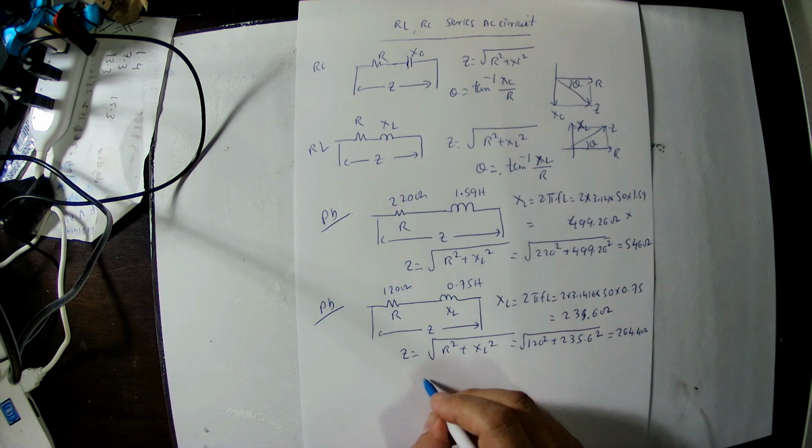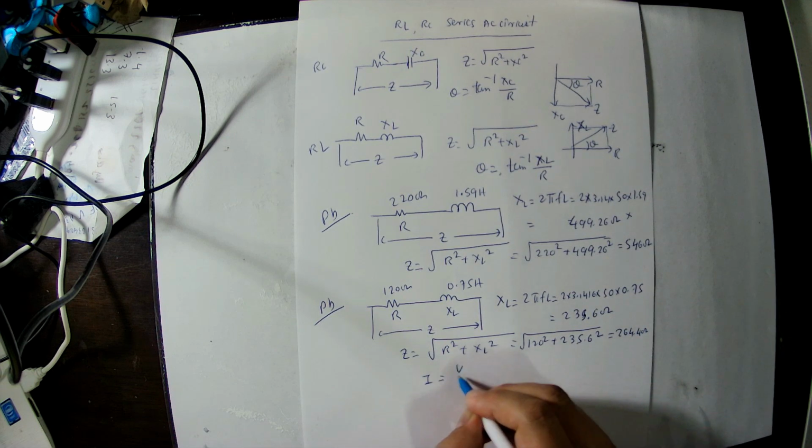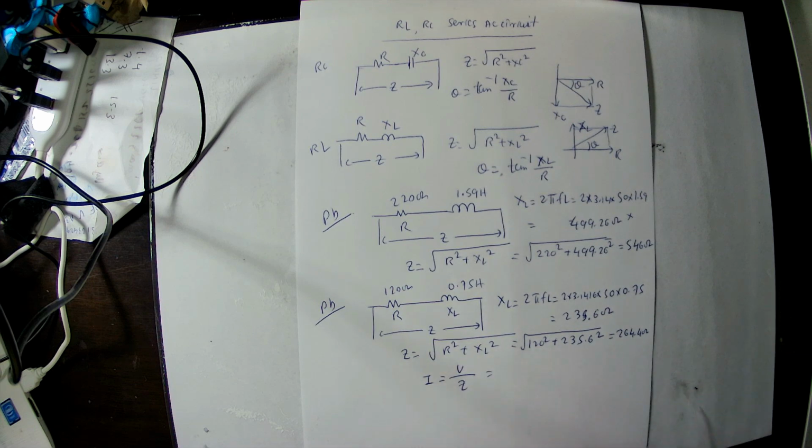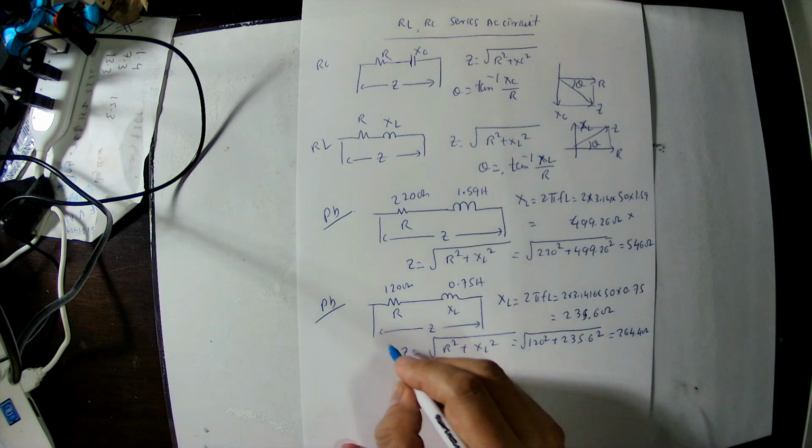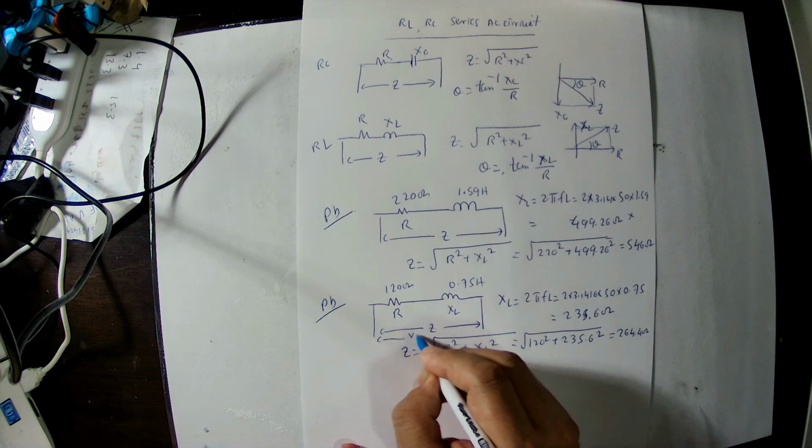Then you get the current I equal to V by impedance Z. So voltage is given, the supply voltage is 415 volt supply.